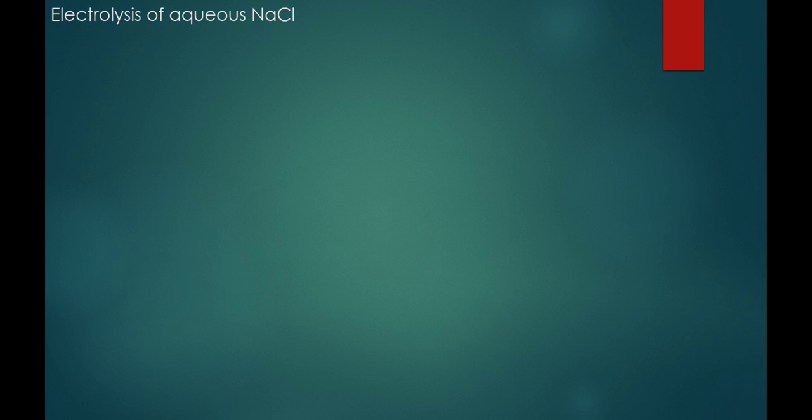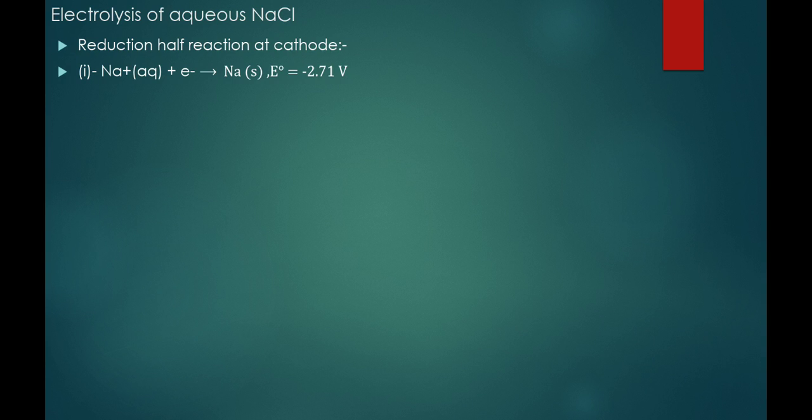But in the case of aqueous NaCl, the reaction will be different. The result will be different. See the reaction. First we consider the reduction half reaction at the cathode. As we know, aqueous NaCl will also dissociate into Na+ and Cl-. So first, when Na+ gains an electron, it forms solid Na, and its potential is minus 2.71 volt.